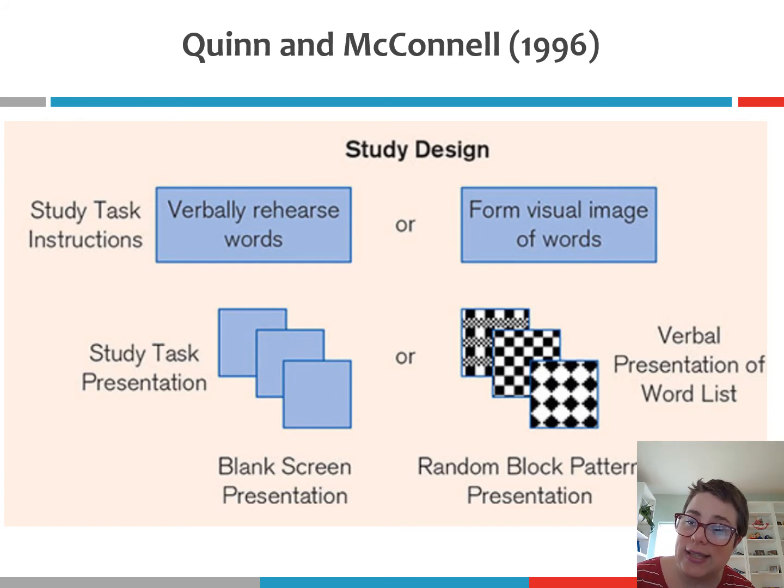The second group of participants was asked to form a visual image of the word. So in this case, they would mentally picture a tree in their mind. And for some of each of these groups of participants, they either saw a blank presentation screen without anything on it, or they saw a random block pattern.